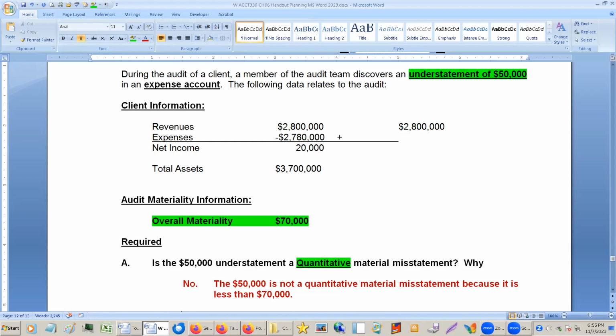So I'll say plus 50,000. I'm not sure. Maybe I should put it in minus 50,000 because these are minuses in total. However you want to think about it, I guess. Okay, so this should actually be minus 2,830,000.